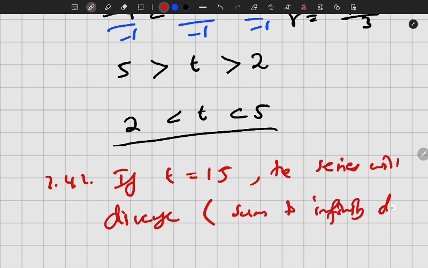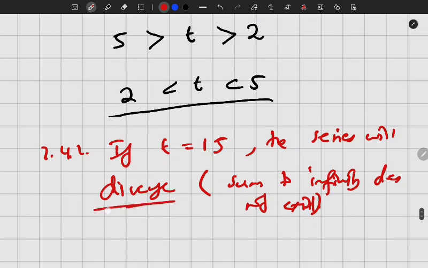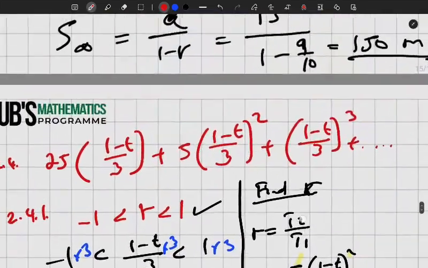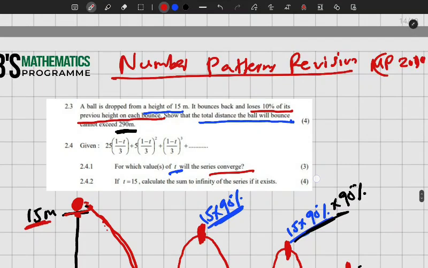Which means that sum to infinity does not exist, because diverging means your sum keeps on increasing exponentially. So if you are going to add all the terms to infinity, you're going to end up getting maybe infinity as your answer. So sum to infinity does not exist here. They shouldn't be asking if the sum to infinity exists. In fact, if t is 15, I wouldn't even substitute it here, because I know that there will be no sum to infinity.